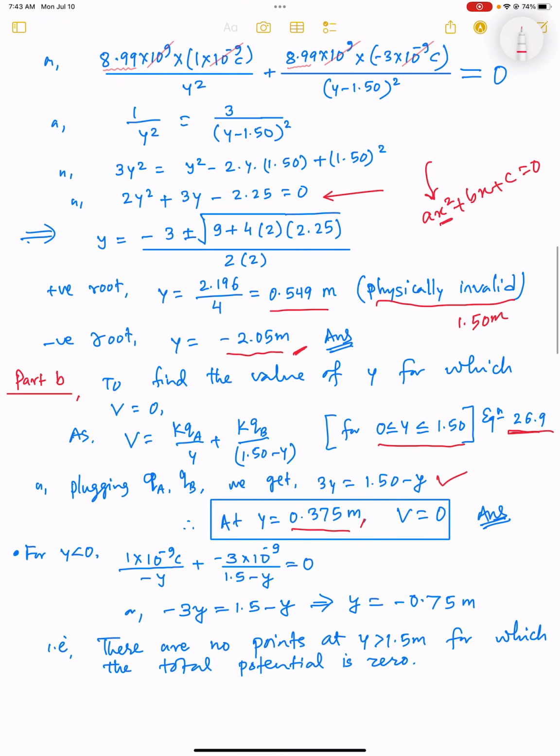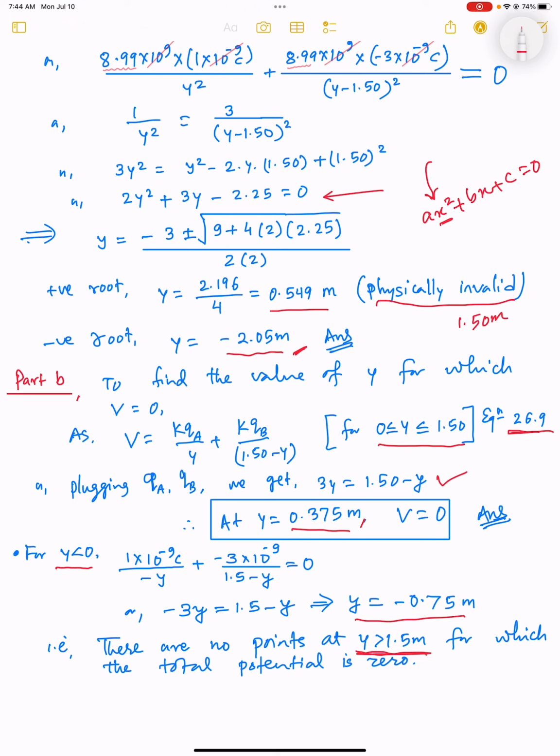For y less than 0, say for negative y, you can plug in the value and solve, and you will get y equals -0.75 meter. So you can see there are no points at y greater than 1.5 meter for which the total potential is 0.